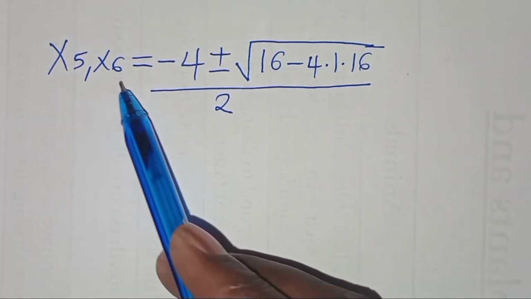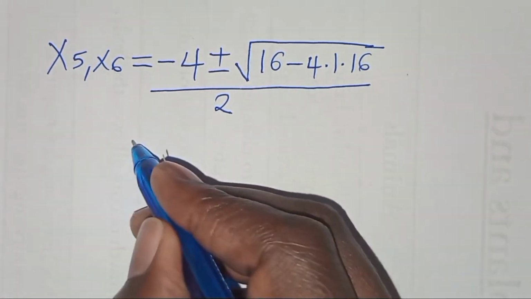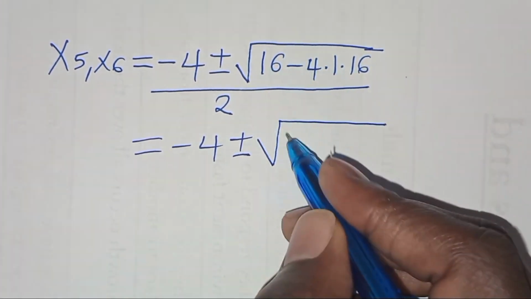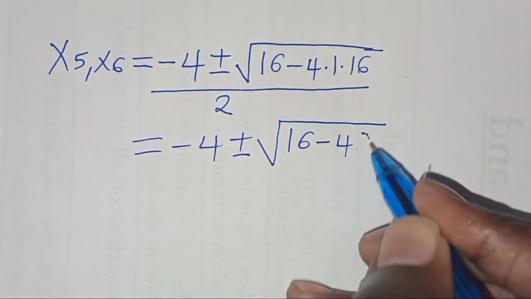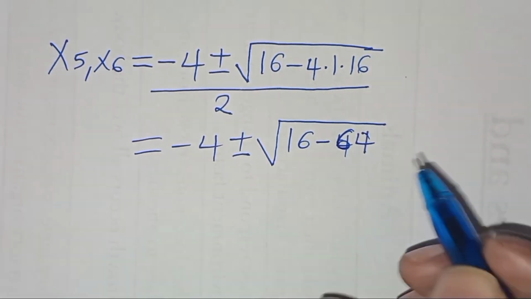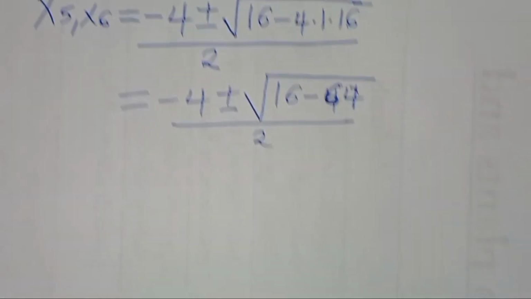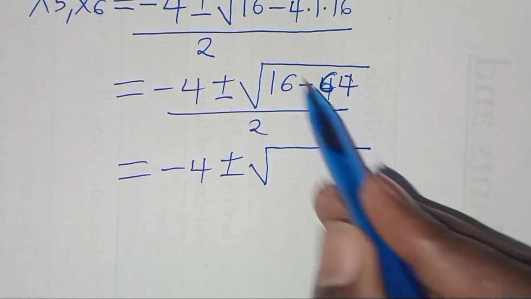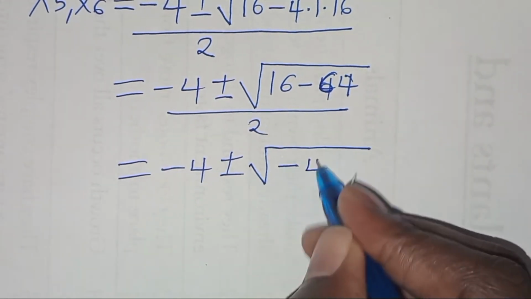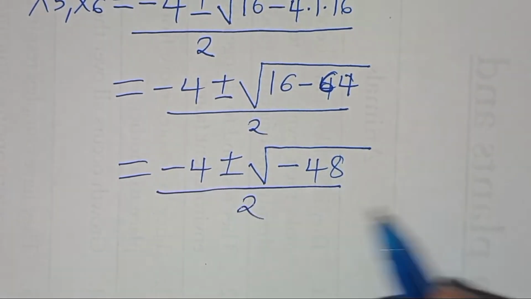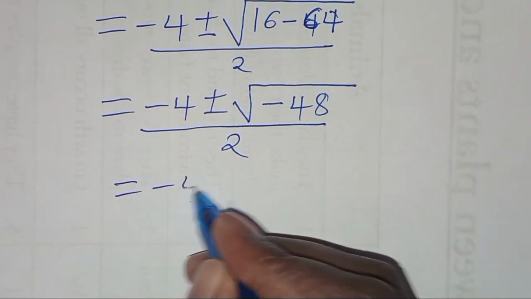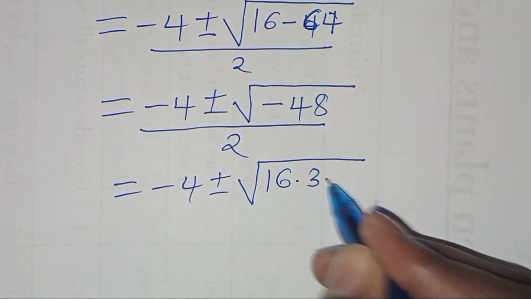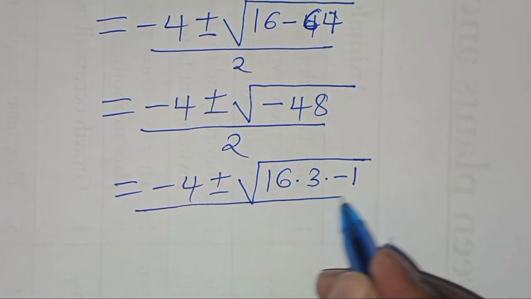So now x5, x6, we have minus 4 plus or minus the square root of 16 subtract 64, divided by 2. So essentially here we have minus 4 plus or minus the square root of 16 minus 64, this is minus 48, divided by 2. So the next step here, we can express minus 48 as 16 times 3 times minus 1, all this divided by 2.